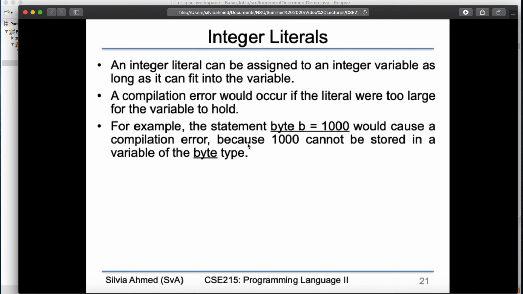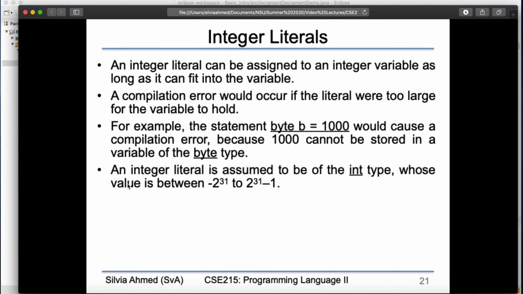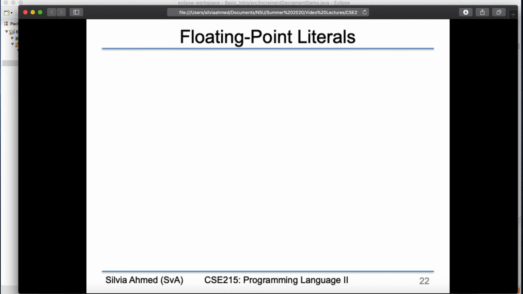So this is a compilation error or syntax error. Similarly, for an int, the value must be in the range -2 to the power 31 to +2 to the power 31 minus 1.